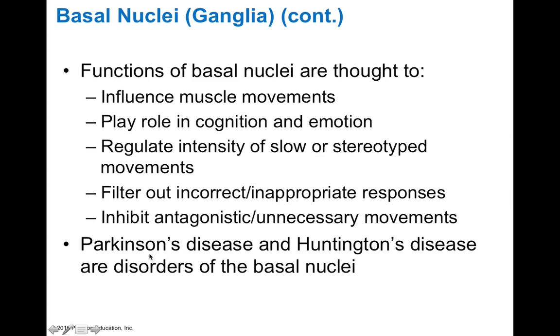With Parkinson's disease, we see difficulty with filtering out unnecessary or inappropriate movements, so that you have this sort of resting tremor. And Huntington's disease is also a difficulty with filtering out incorrect or inappropriate movements, because they will move randomly as they try to move their body around in a very deliberate way.